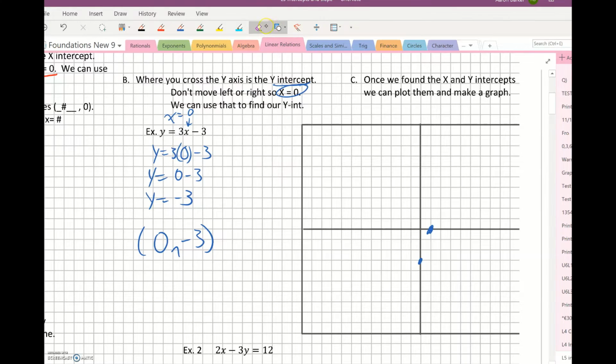Now we got a nice big long line that goes from the corner of the grid to the corner of the grid.